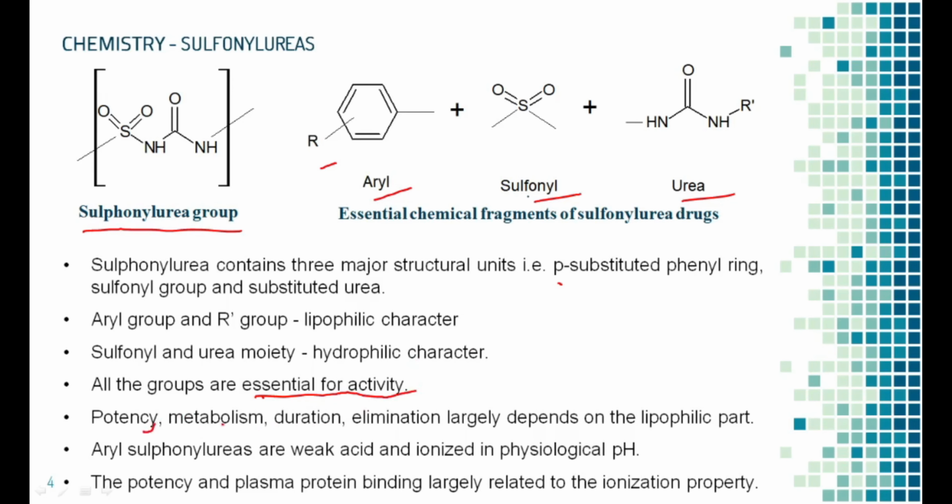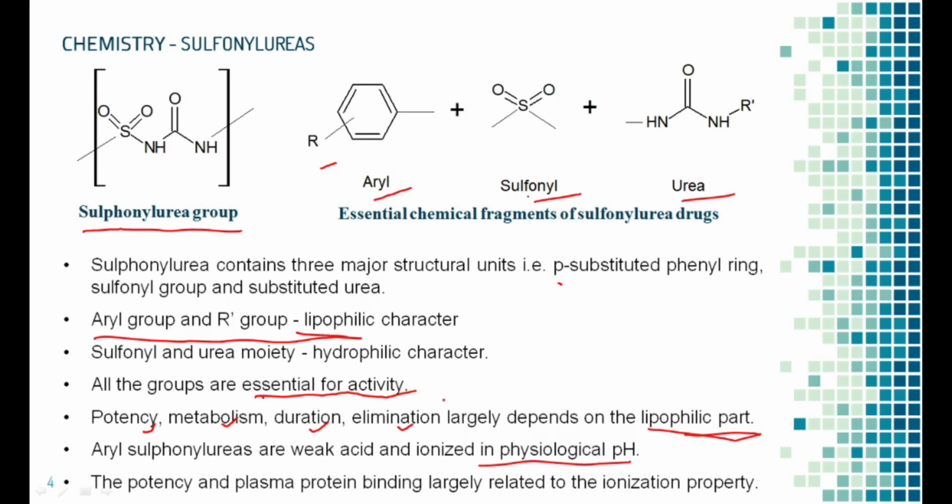Potency, metabolism, duration and elimination largely depend on the lipophilic part, the aryl and R group, while aryl sulfonylureas are weak acids and ionized at physiological pH. The potency and plasma protein binding are largely related to this ionized property.